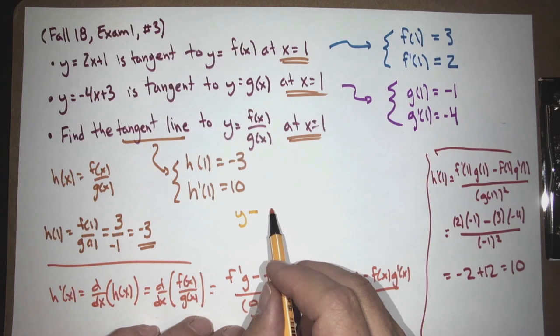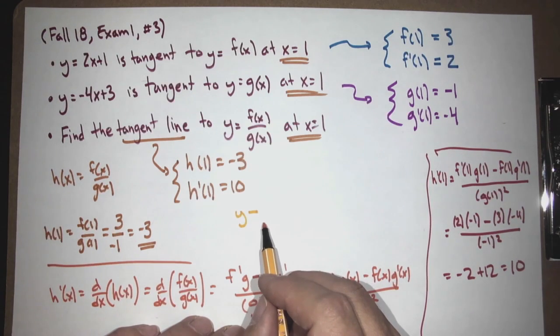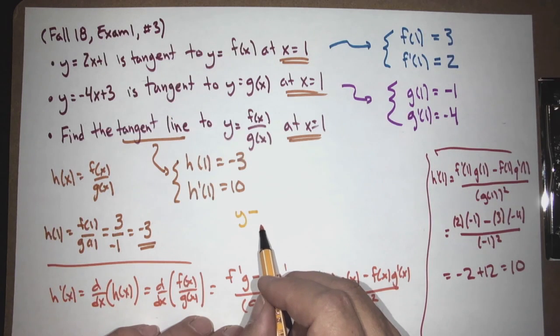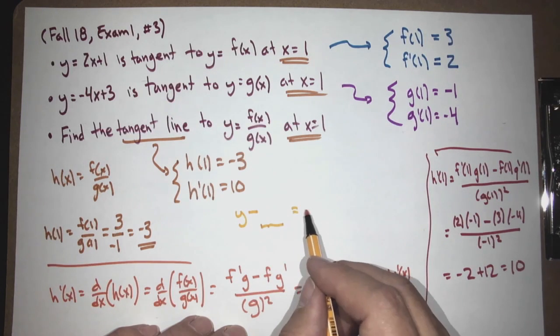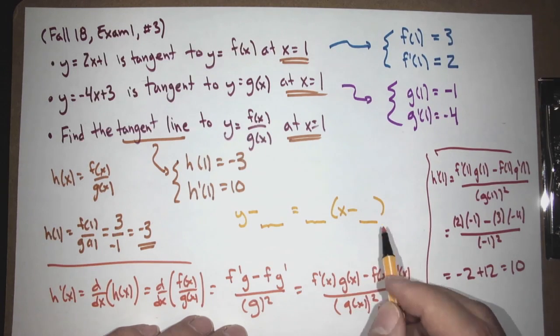Wait, wouldn't the 12 be negative? Well, there's a minus and a minus. So y minus, what goes here, equals something, x minus, what goes in these slots?